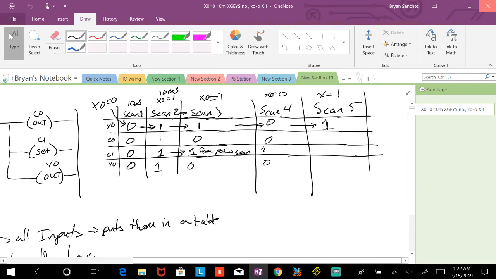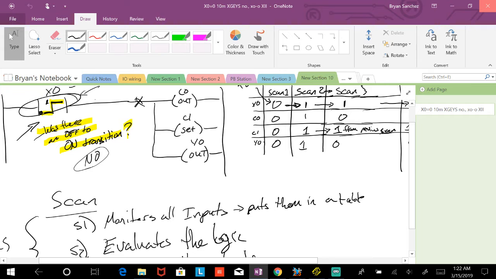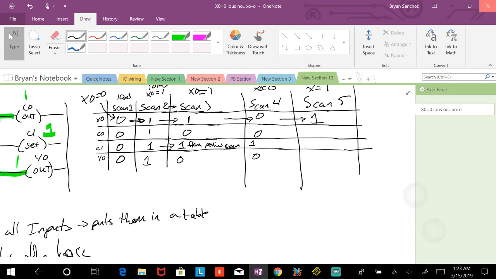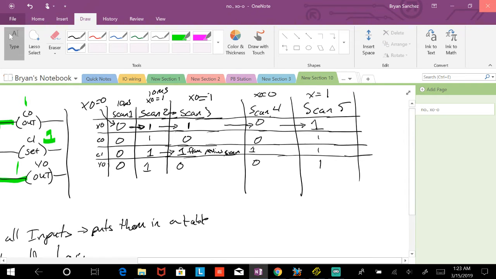Now, was there an off to on transition? Yes. It went from 0 to 1. So this became true. Now, since that became true, C0 turns to 1. C1 continues being 1 from 3 previous scans, and Y0 turns on. So let's put it here: 1, 1, 1. Actually, this one stays at 1. No, this one's 0.